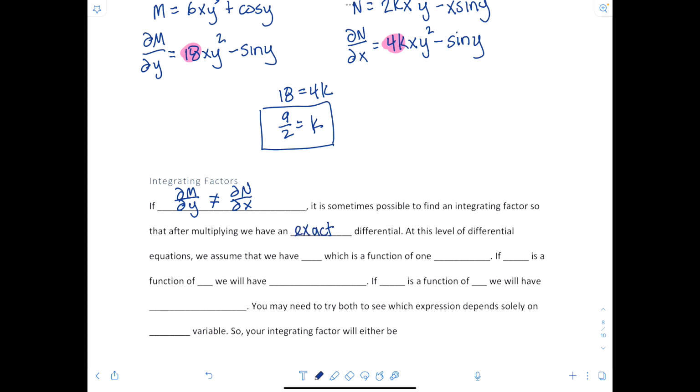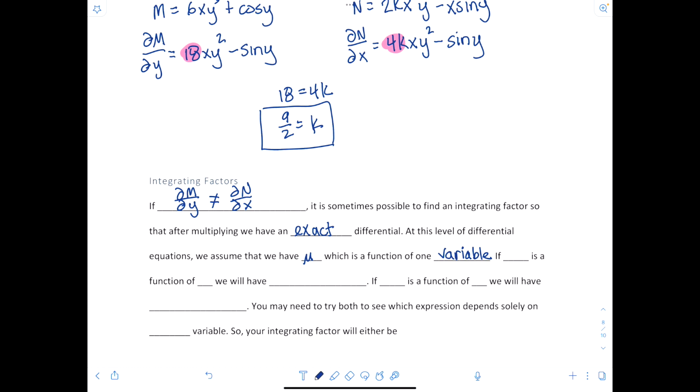At this level of differential equations, we assume that we have some mu, which is a function of one variable. If you go higher, you can get it more complicated.